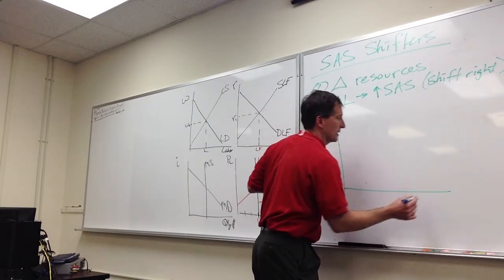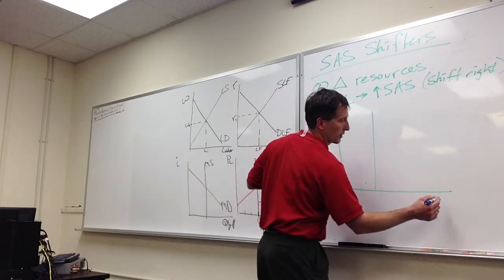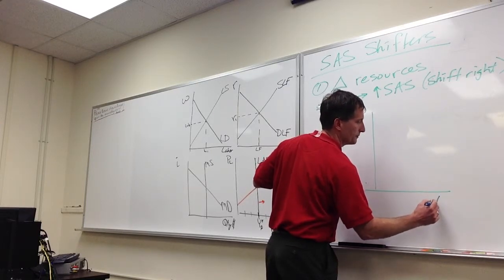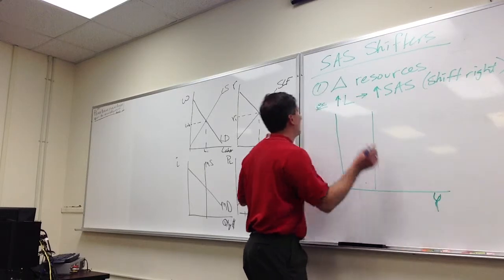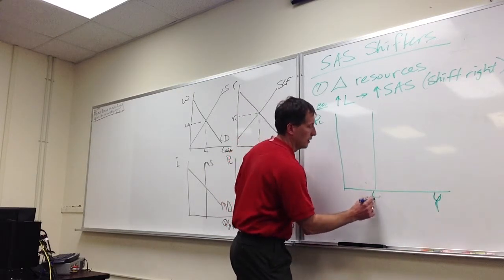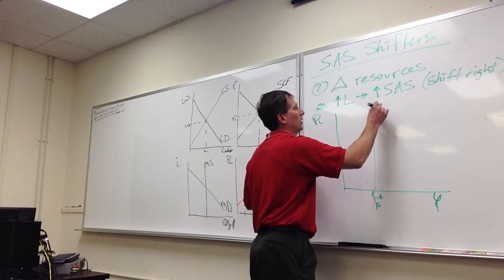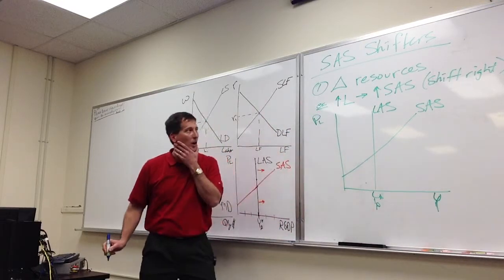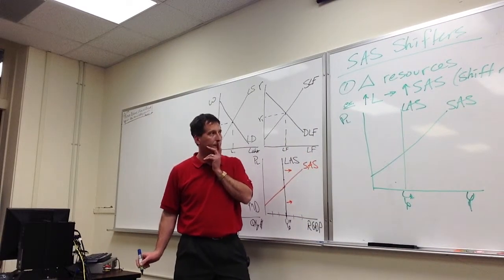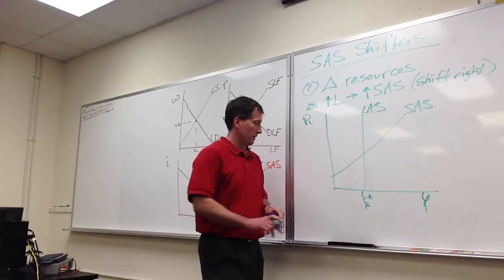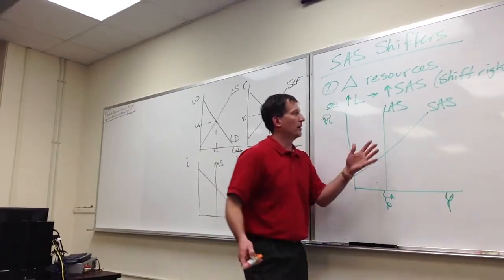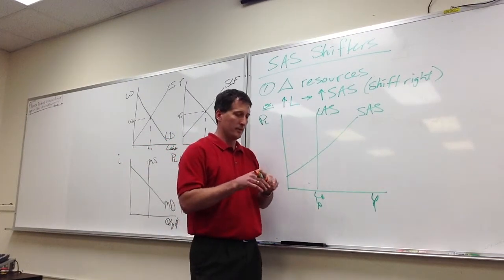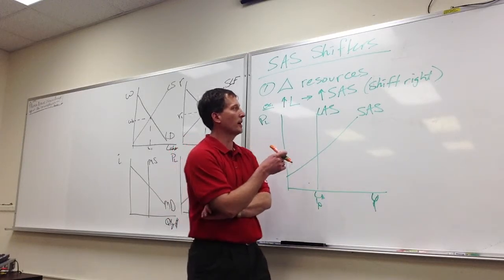Now I want to take the time here to draw both curves, because there's a little bit of mechanics that I want to make sure we're clear on. So just draw a short run aggregate supply curve and a long run aggregate supply curve. Now, as a reminder, along this short run aggregate supply curve, nominal resource prices are held fixed.